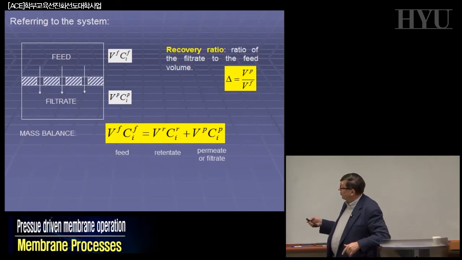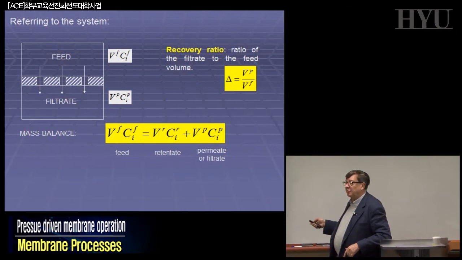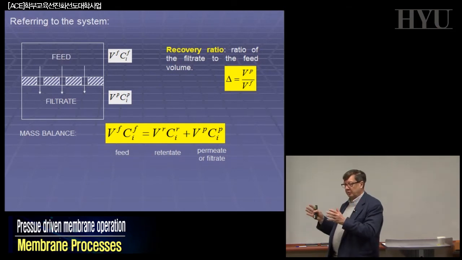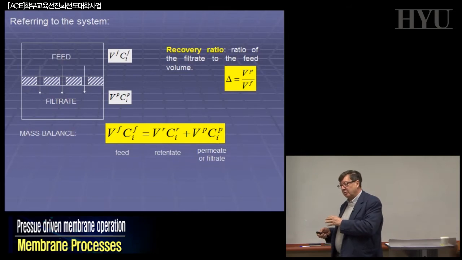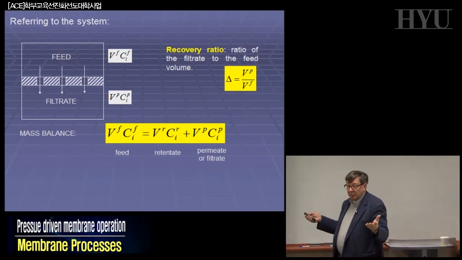The recovery ratio is the ratio of the filtrate to the feed volume, which means that if you have 1 cubic meter of seawater, if the recovery ratio is 10%, it means that only 100 liters of the 1,000 liters are becoming fresh water, and the rest, 900, you have to put back in the sea, which is not nice. But there was nothing to do with the thermal system.